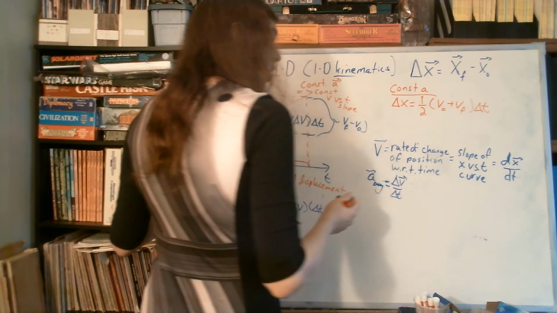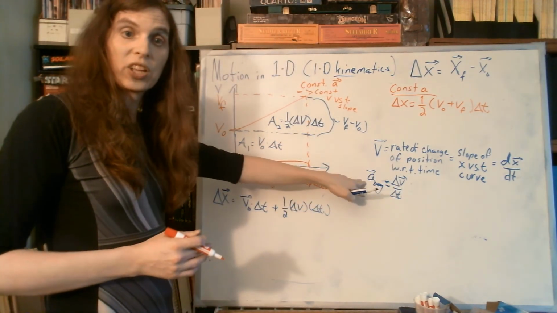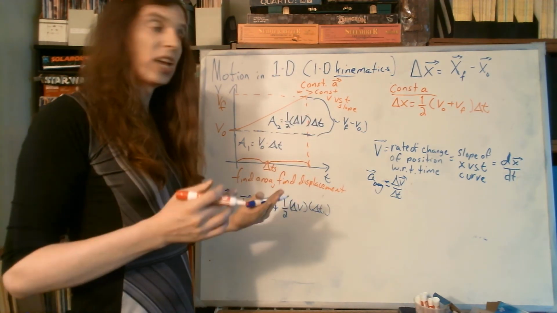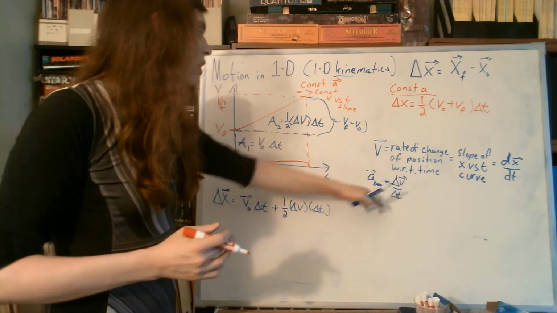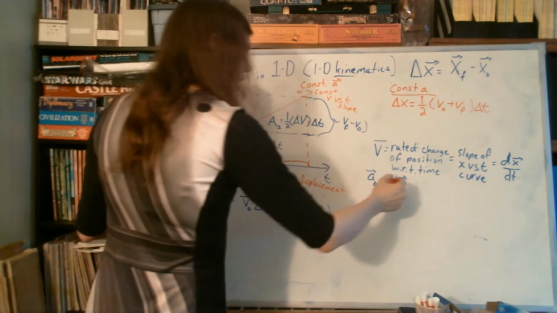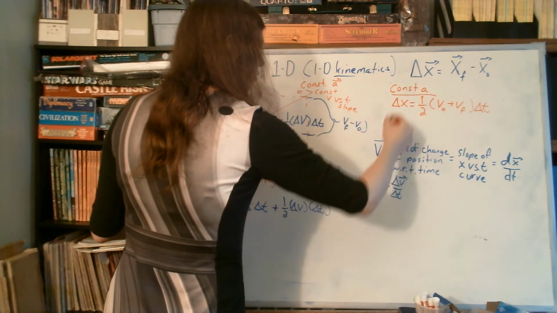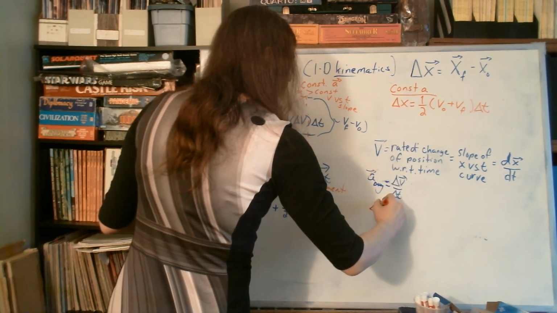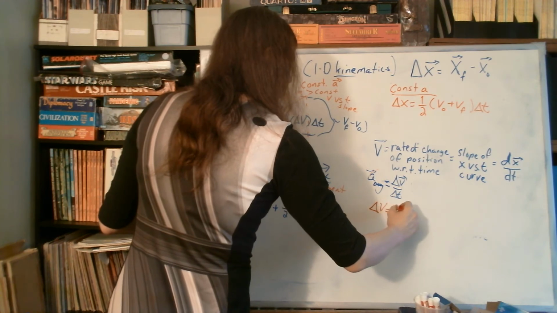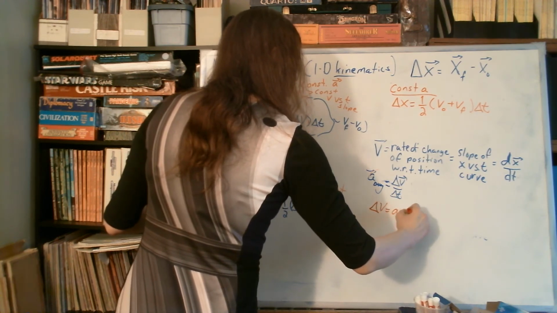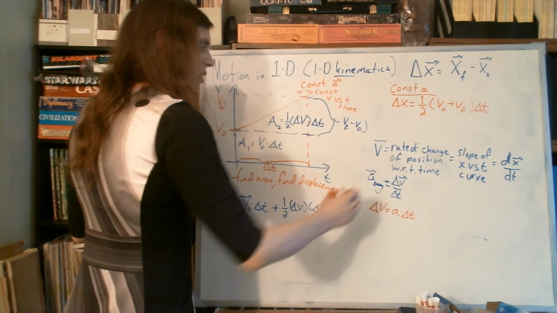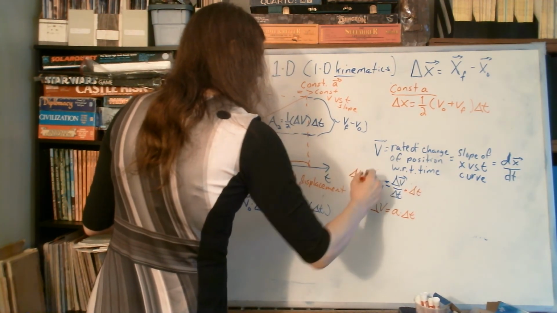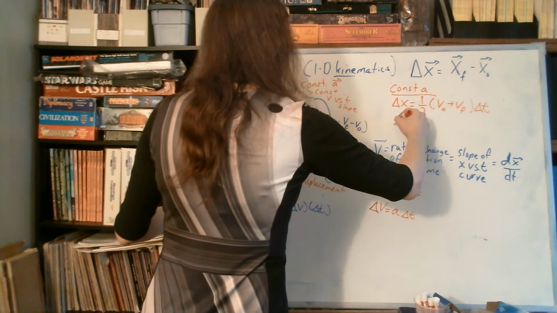And if this was constant acceleration, then the instantaneous acceleration and the average would be the same thing. So we know that this equation is also true for constant acceleration. I'm going to do a little bit of algebra there and say delta v equals a times delta t. We multiply both sides by delta t. And I'll stick that up here too.